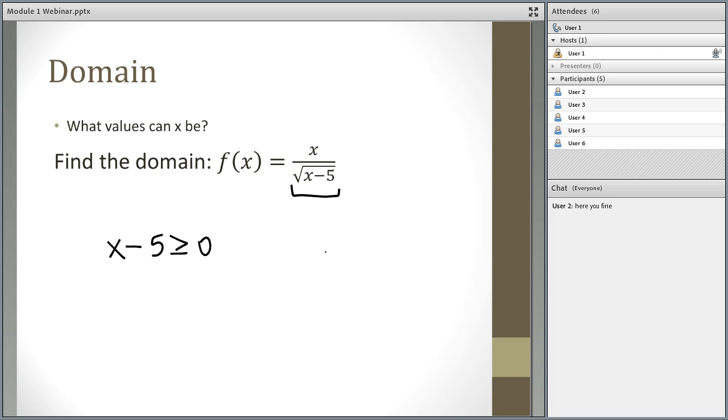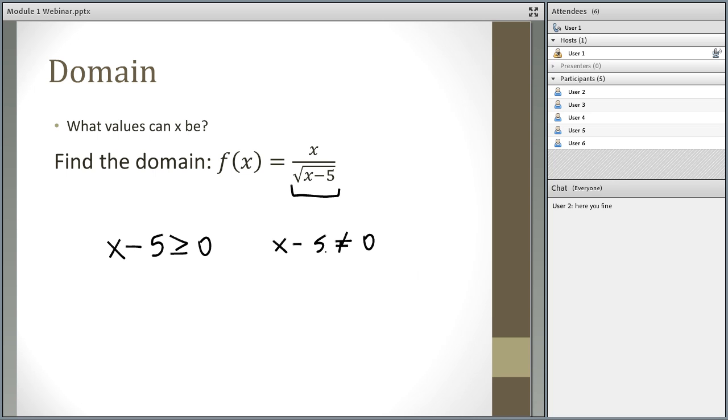Is there anything else that's happening here? Well, I also have a fraction, which means what can't I have in the bottom of a fraction? I can't have a 0 in the denominator of a fraction. So the x minus 5 in this case also can't be 0. And that's only because the square root's in the denominator of a fraction.